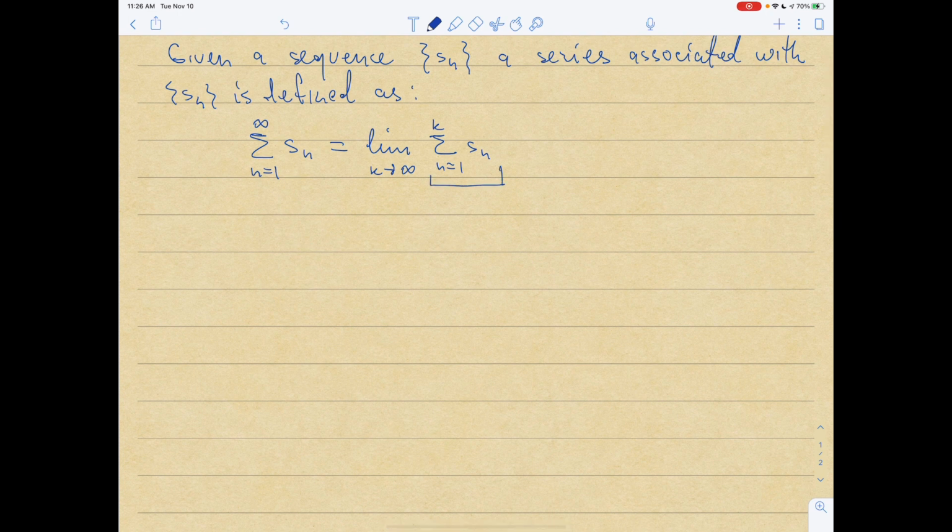These sums, if you remember, are called partial sums of the series. So this is a kth partial sum of the series.